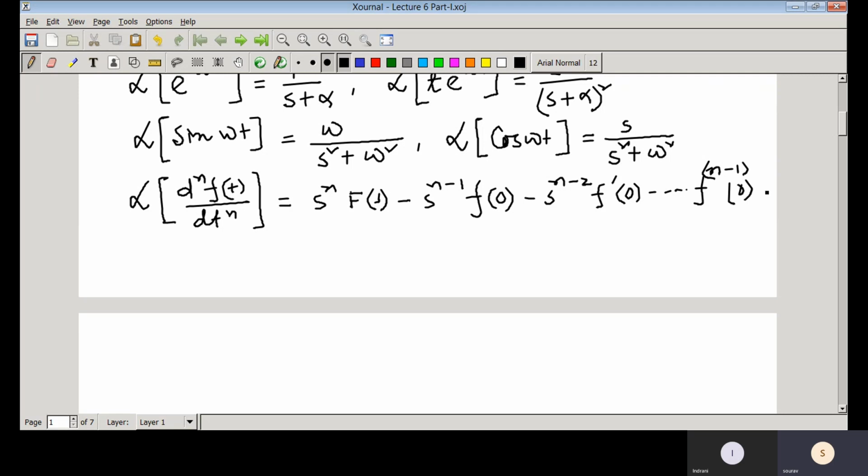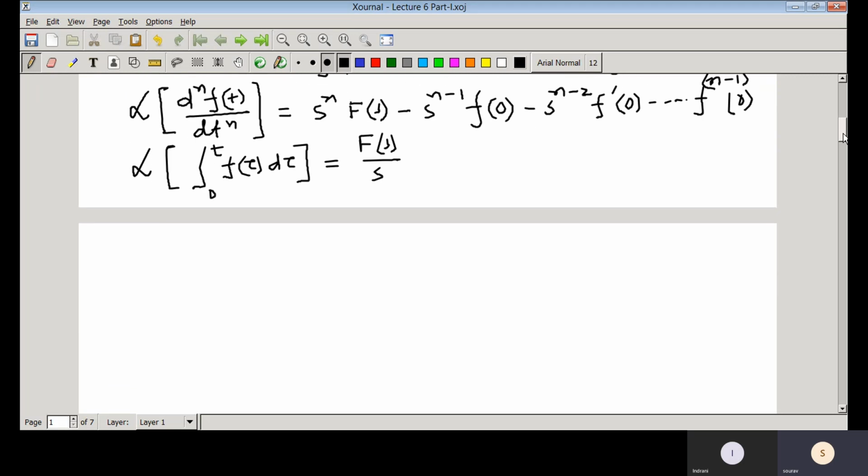So this is that formula. I hope you all know it. We will be applying those formulas to solve some control problems. Then what would be the Laplace transform of the integral operator, that means the integral from 0 to t of a function f(tau) d tau? That is F(s) by s.